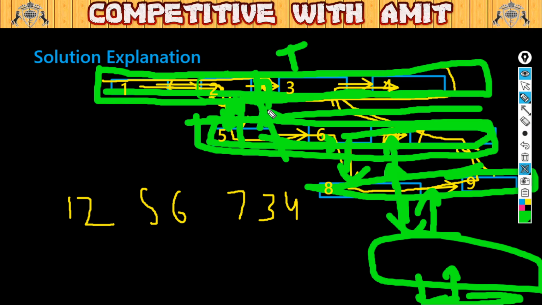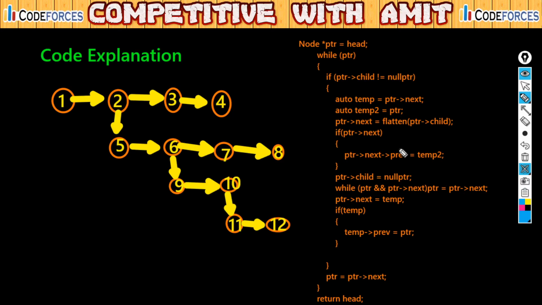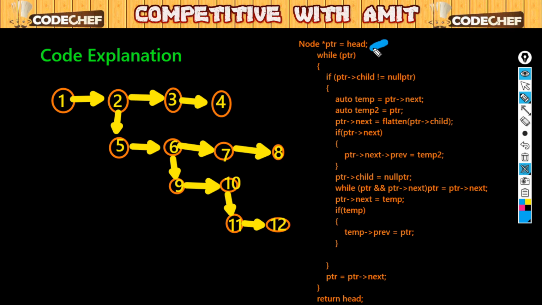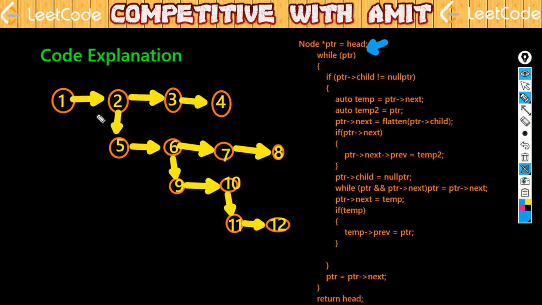Now for proper understanding we will look at the code, and with the help of the code we will understand properly. So this is the code for the solution. First of all, here I have initialized a pointer ptr in which I will store the head of every linked list whenever we encounter a new linked list.